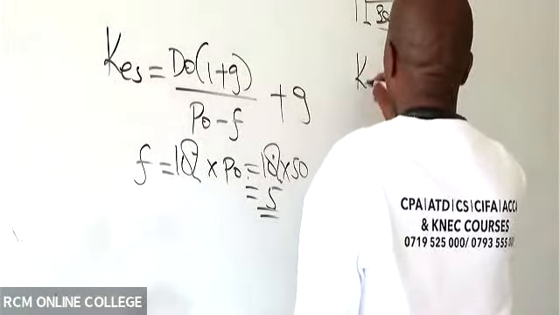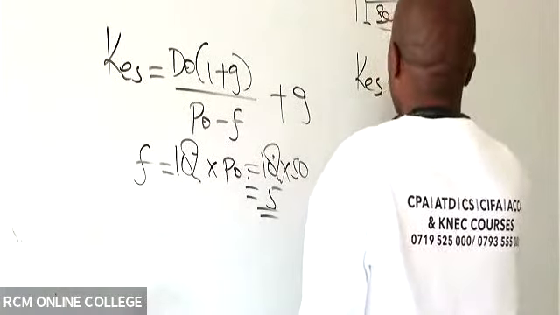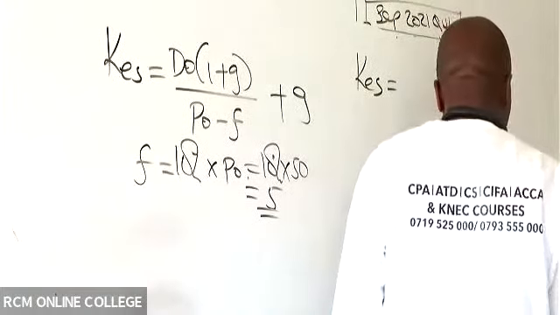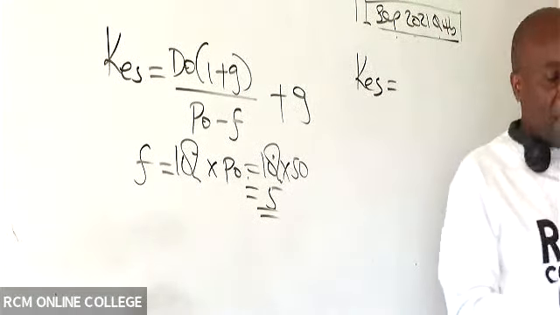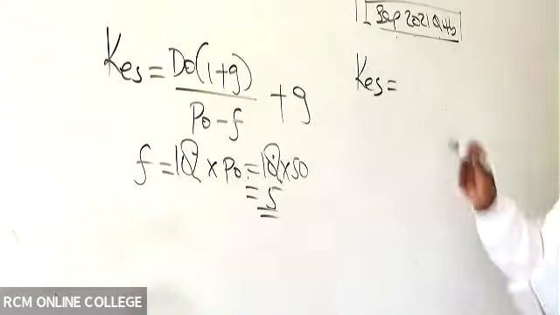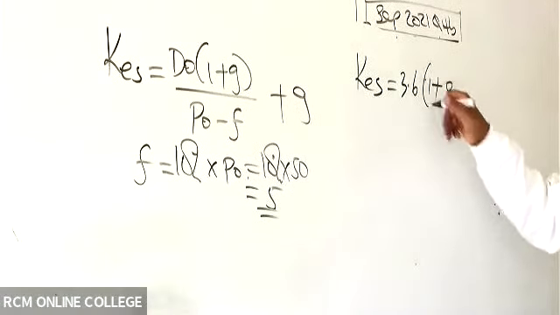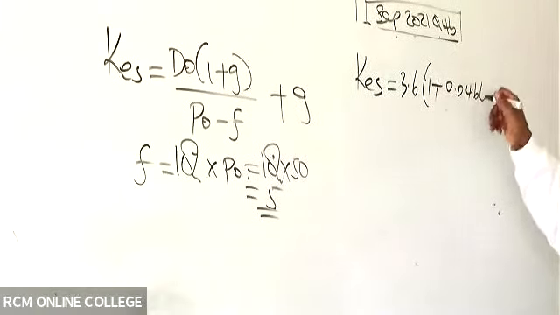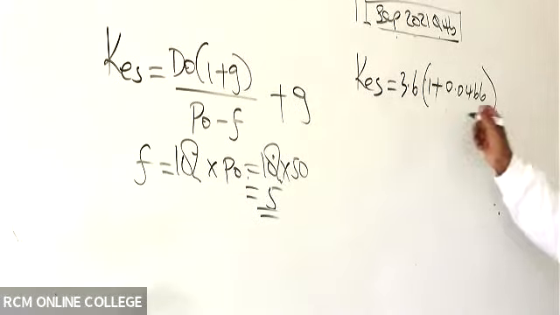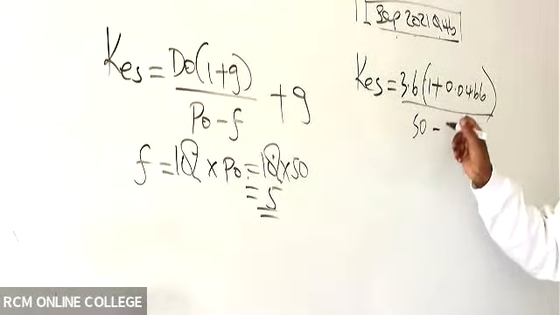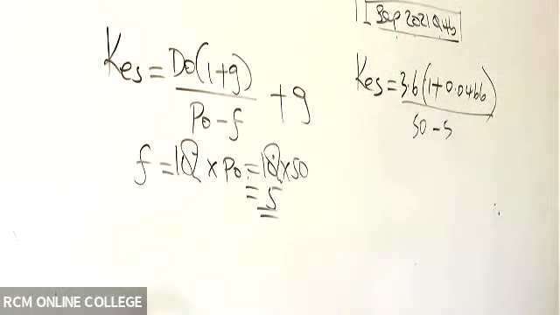So we have here cost of equity shares: D0, you guys had given me the most recent dividends, which are dividends payable in 2023, 3.6. You went ahead and gave me the growth rate, which was 0.0466, isn't it? All over P0, which is 50, minus our flotation cost of 5.